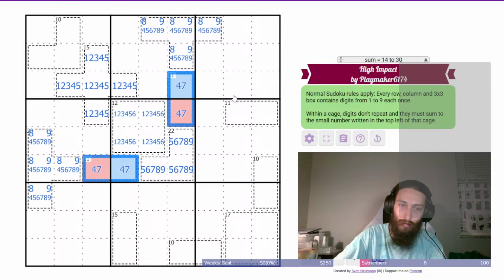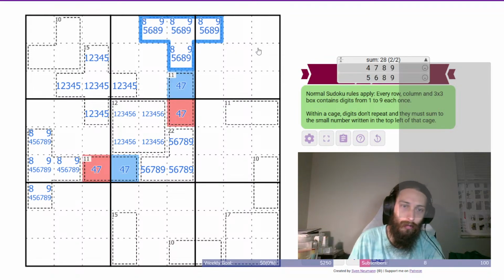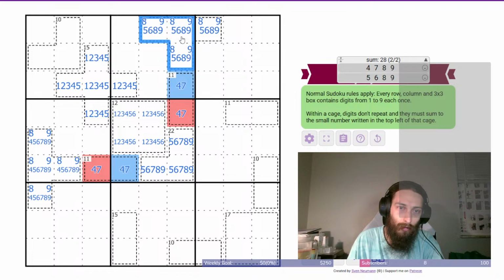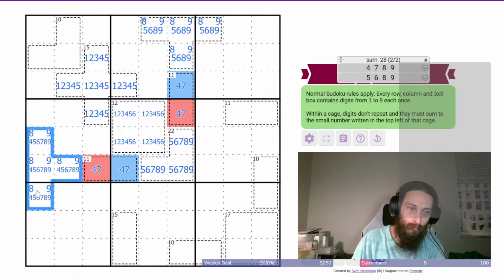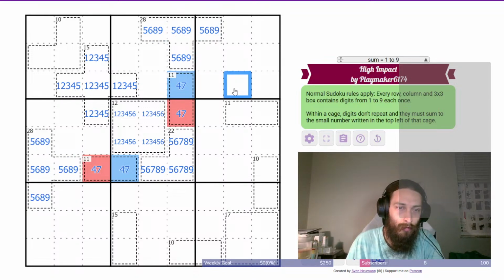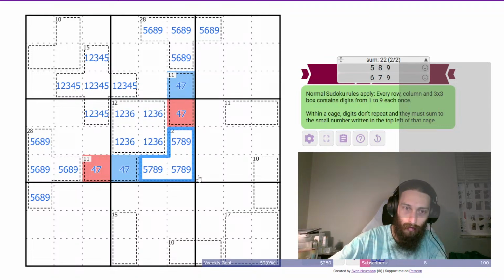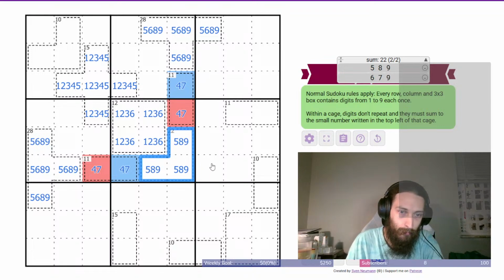Which means this isn't 3, 8, it's 4, 7, and that means that this cannot be 4, 7 on the lower end, because you wouldn't be able to put 4 and 7 both on the outside. And that means that 4 and 5 is out, and that means that 6 and 7 is out.